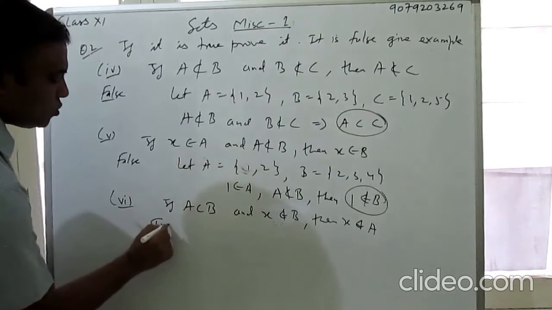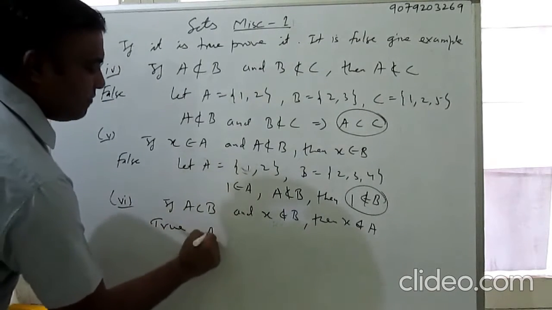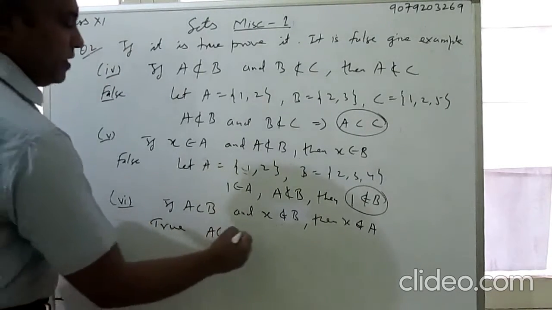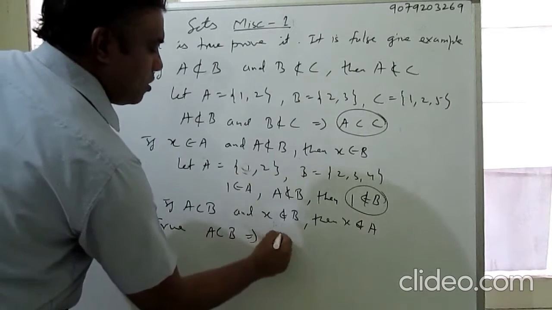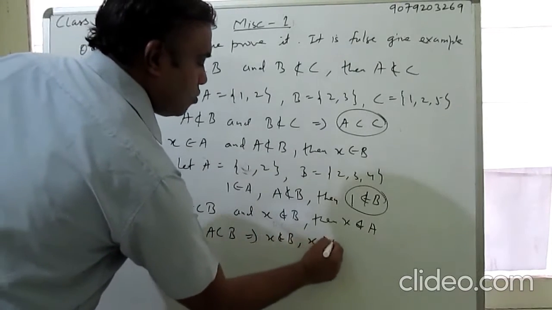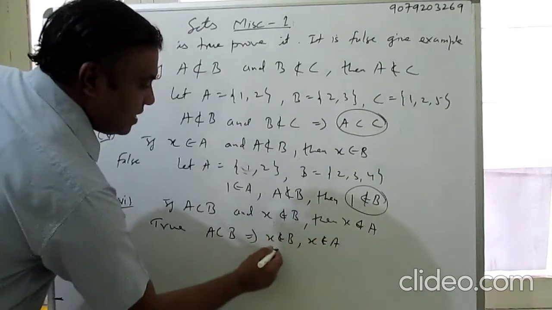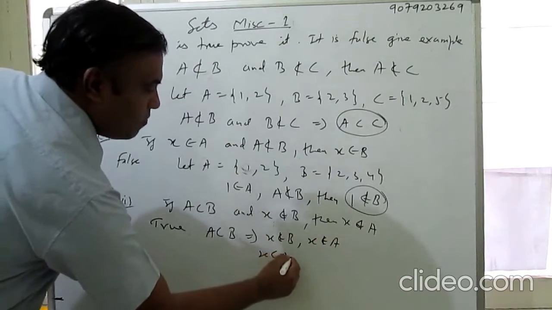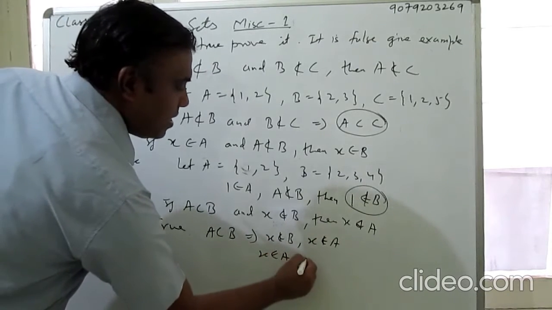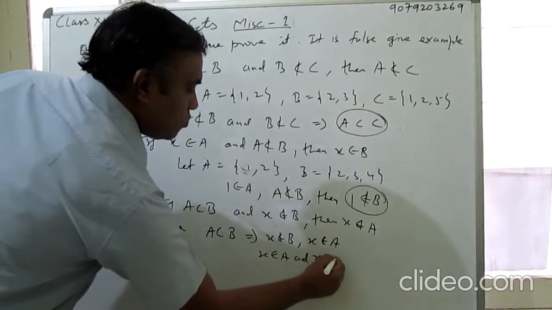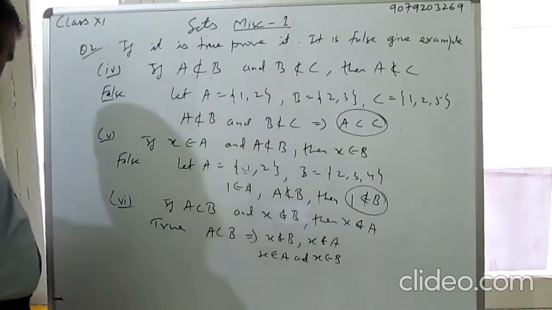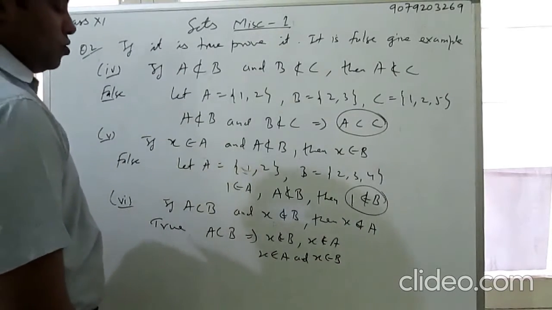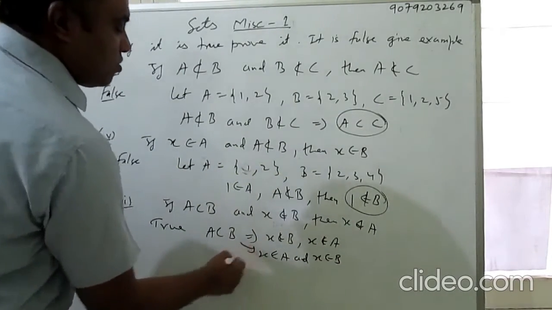It means it is true. We can say that if A is a subset of B, it means x not belongs to B, x not belongs to A. You can say that it means या तो x A को belongs करेगा या and x belongs to B. It is true. This is the definition of subset.